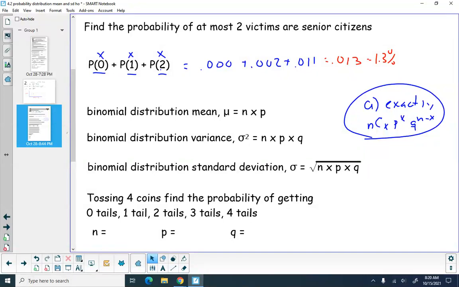When you have parts B and C, when you're doing the more than or less than a value, use your book. So this will give you practice on both of these with respect to exact values in part A using your nCx, and then parts B and C, use your book and pull your values from your book. So you get practice doing both of these.